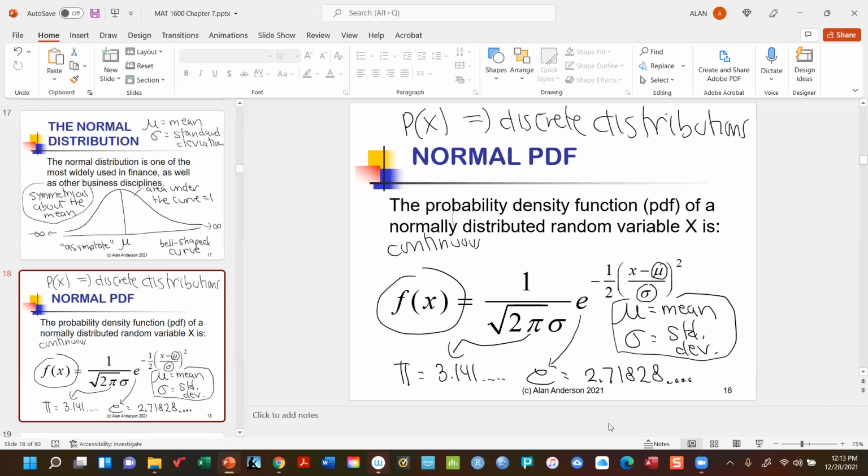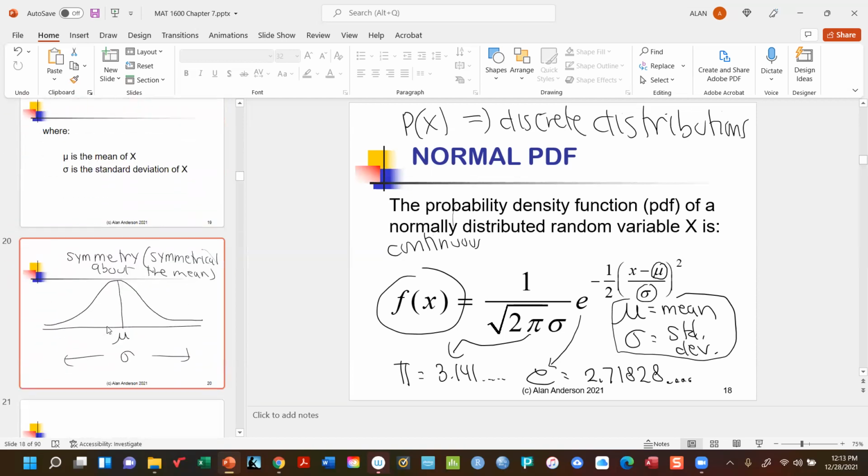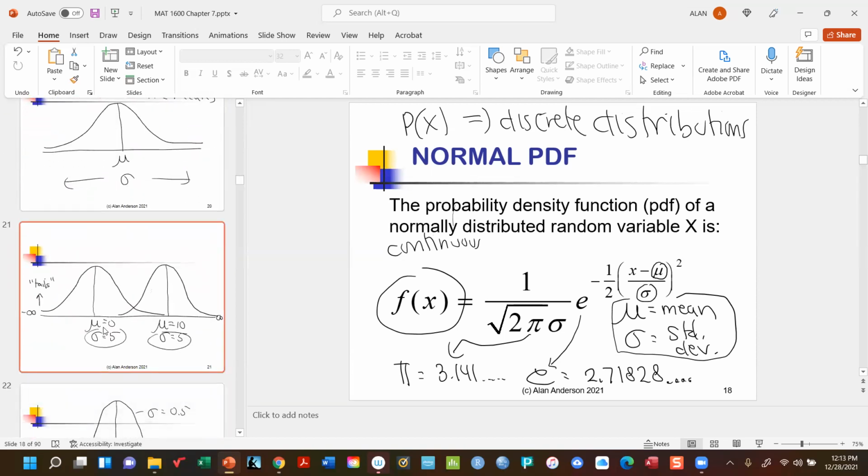Now, you may remember I mentioned that there's actually an infinite number of both binomial and Poisson distributions. The binomial distribution is characterized by the values of n and pi. The Poisson is characterized by lambda. The normal distribution is characterized by these two values, mu and sigma. So what that means is that their graphs depend on those values. And I've got some examples coming up.